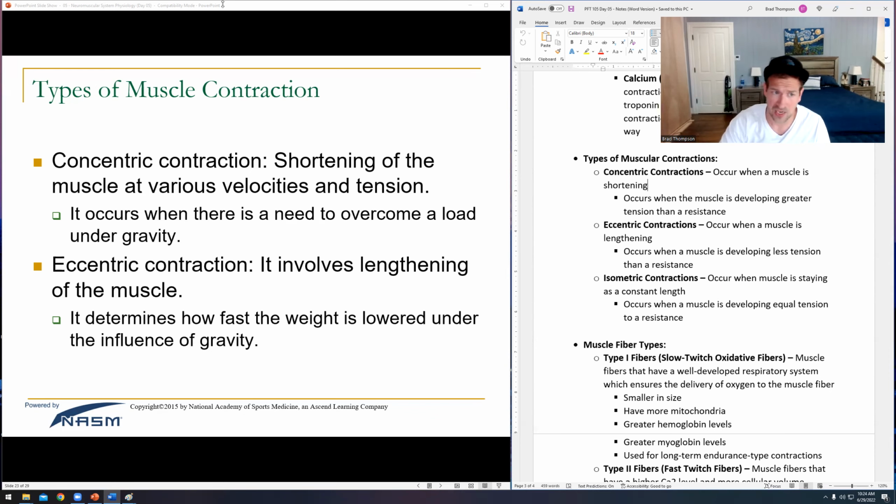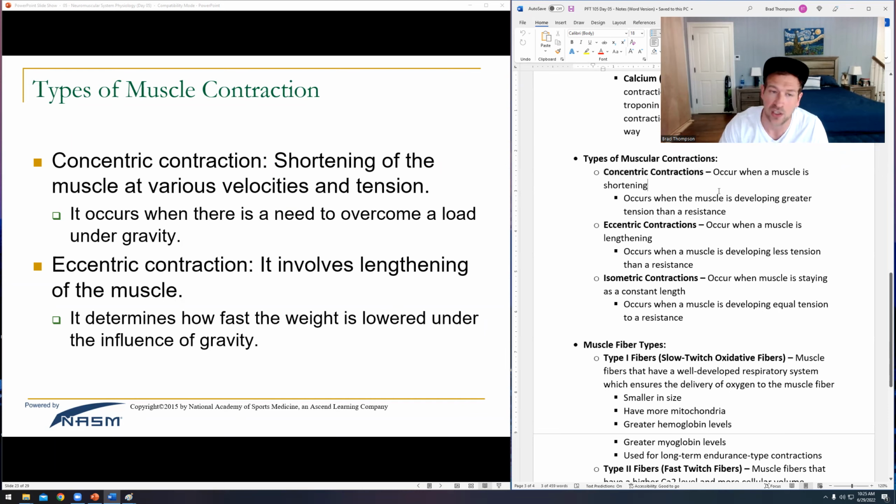The two types of movements we've got are the muscle shortening, where it bunches up, and the muscle lengthening, where it stretches out. The bunching up action, the shortening of a muscle, is what we refer to as a concentric contraction.